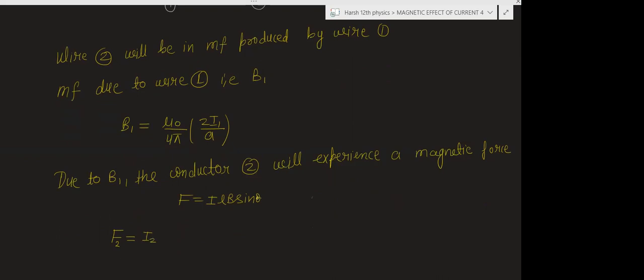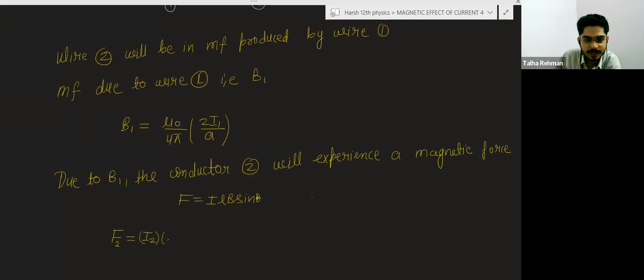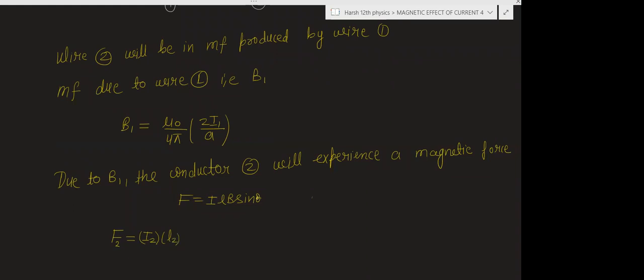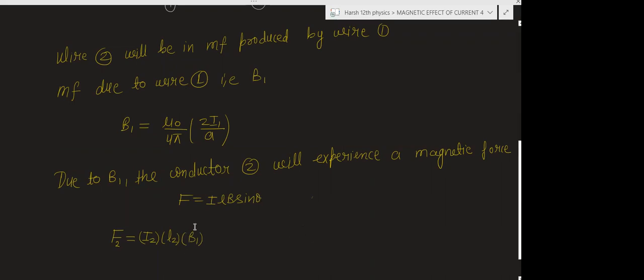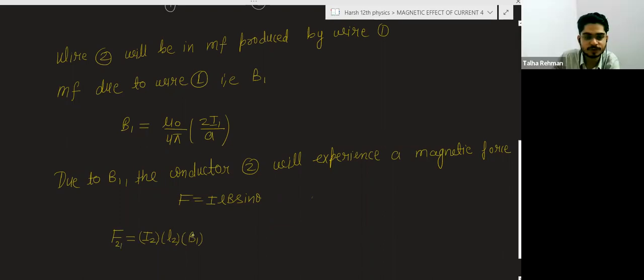Length of the wire is suppose L2. Magnetic field is B1, and then sine theta. Sir, because it's on 2 due to 1. Good. So you can write this force on wire 2 due to wire 1. And this is sine theta here.